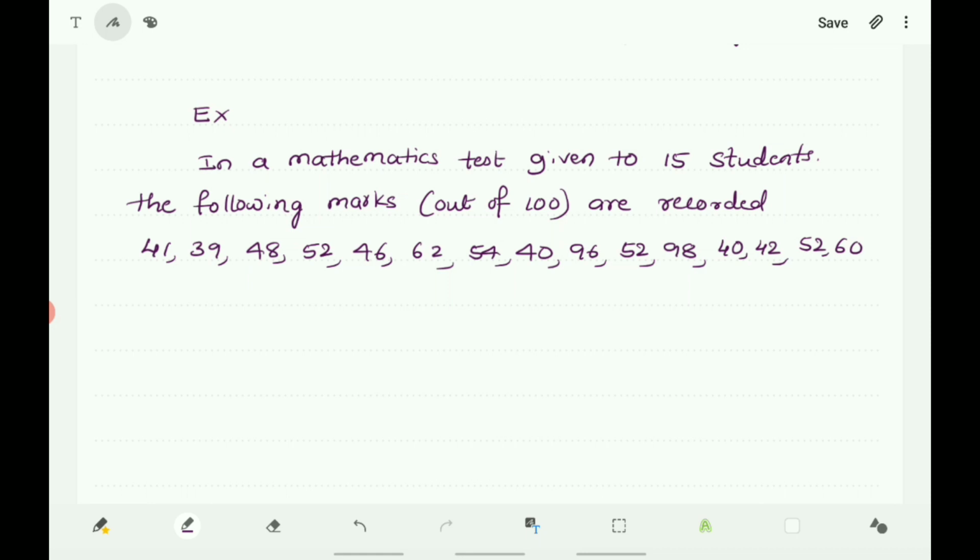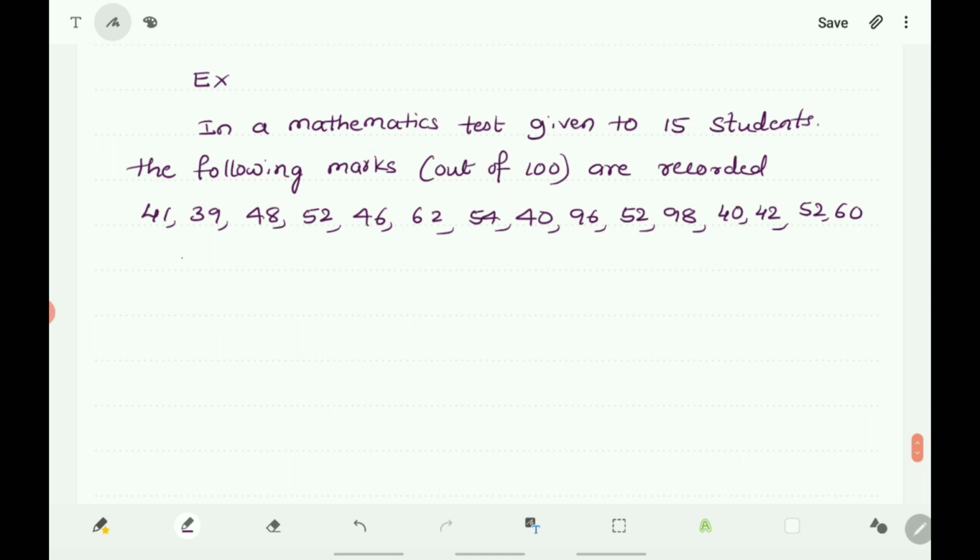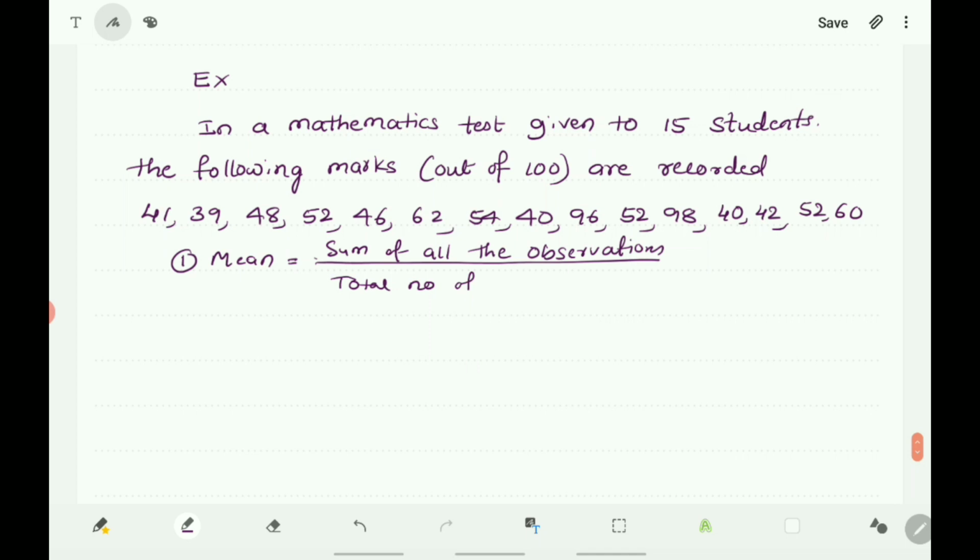To find the mean, you know that mean is equal to the sum of all the observations divided by the total number of observations.